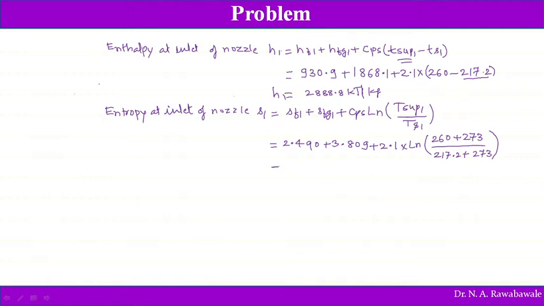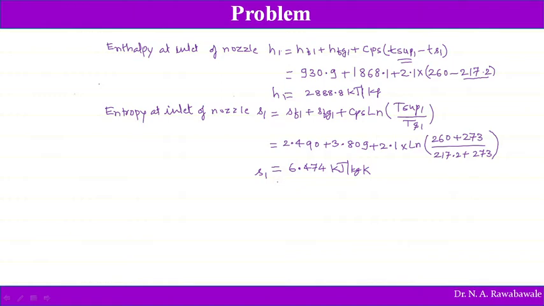On simplification, entropy at point 1 is 6.474 kilojoules per kg Kelvin. This was the same as we discussed in the previous class.